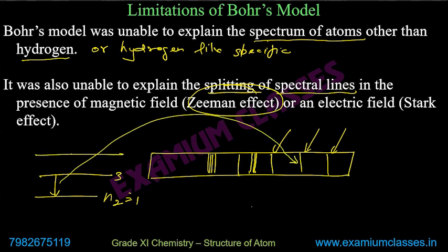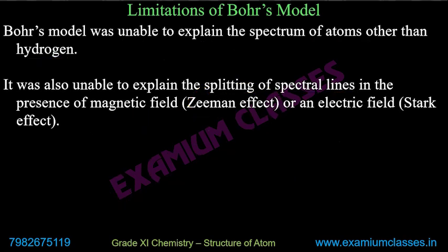If another transition is from 4 to 2, there will be another specific frequency visible. When an electron moves from a higher orbit to a lower orbit, it releases energy, and that frequency will be visible here. But the splitting of these lines could not be explained.